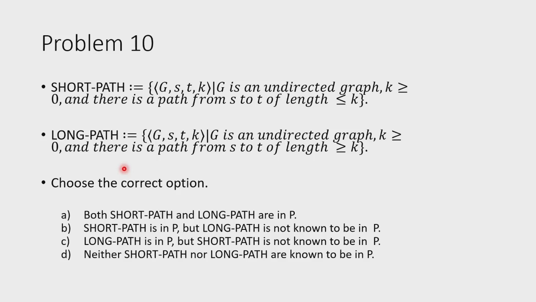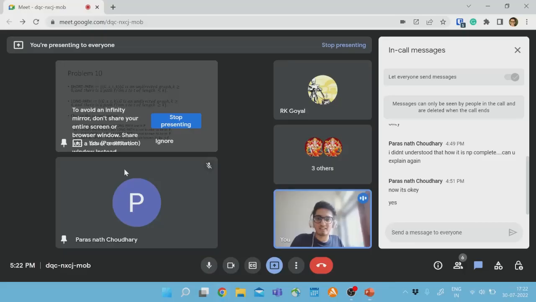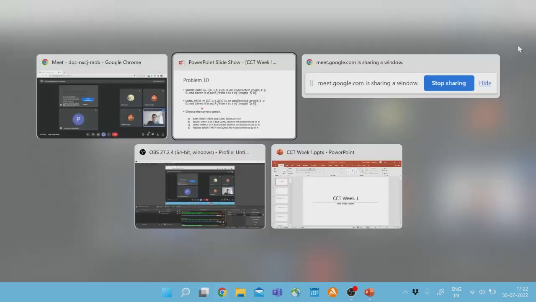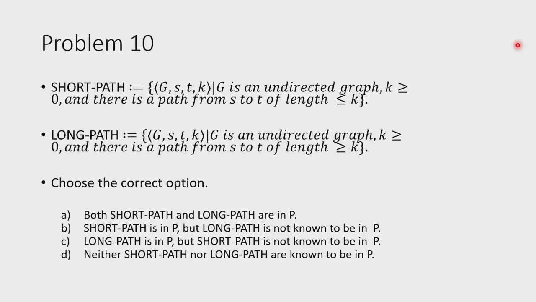Okay, let's look at the last problem, and here we see an explicit reduction. Someone asked this question: can you give an example of a reduction? So now let's see an explicit reduction. We are given two languages, short path and long path.